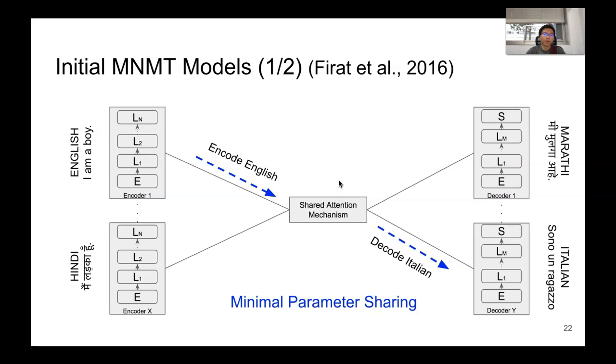But in their model, we can see that for each language, it has an independent encoder and also an independent decoder. For example, for English, we have encoder 1, and for Hindi, we have encoder X. And these encoders do not share their parameters at all. And for the decoder, same thing. The only parameters being shared are the attention. So their model tries to minimize the parameter sharing, only sharing the attention mechanism.